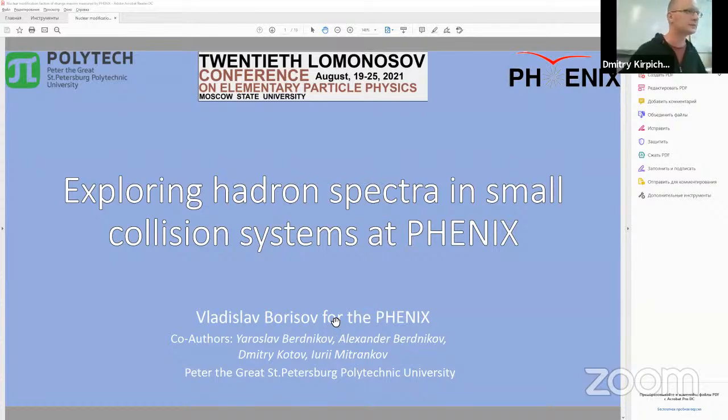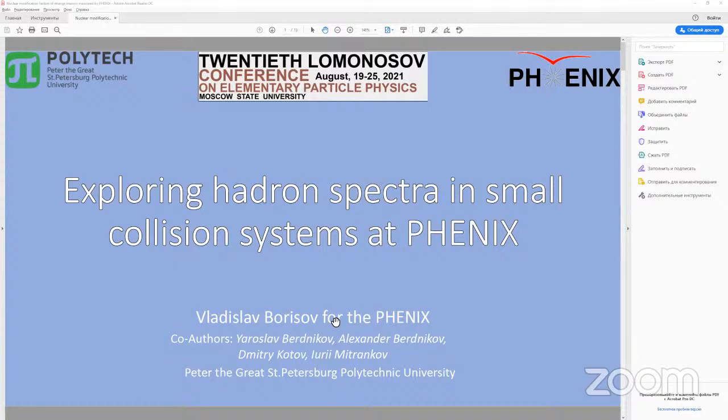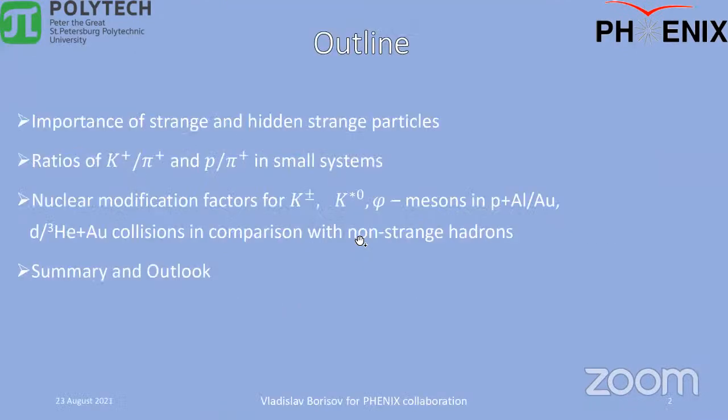Hello, everyone. I'm Vlad Borisov from Peter the Great St. Petersburg Polytechnic University. And today I would like to talk about exploring hadron spectra in small collision systems at PHENIX. We will start with discussing the importance of strange and hidden strange particles.